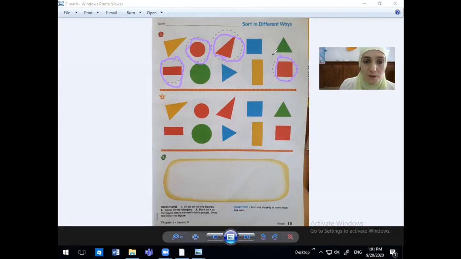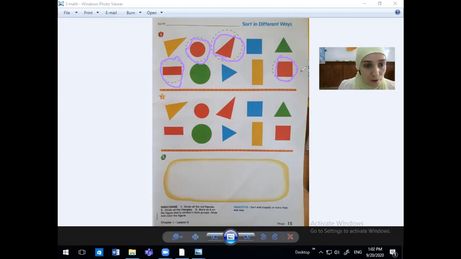So I choose all the red figures, like you were sorting your toys or socks or t-shirts, and you took some color of socks or some size of socks or t-shirts or toys. So this is the same. So I just choose from all this group, I choose all red figures that I have. So I can put them in another group. If I would have these pieces, I would put them in another group.